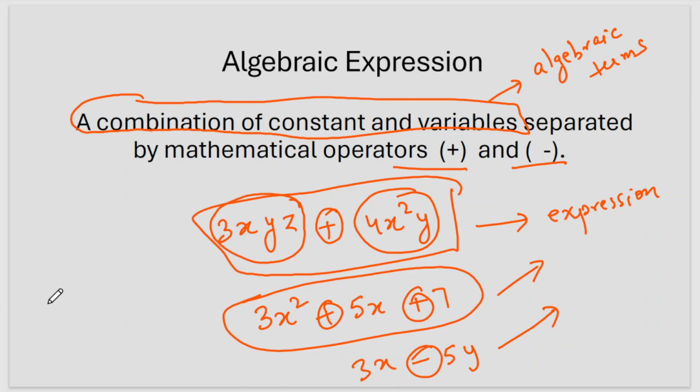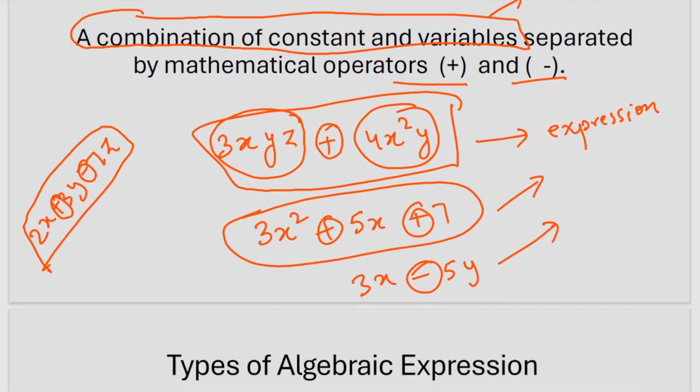It can be a combination also. 2x plus 3y minus 7z is also an algebraic expression. So algebraic terms are separated by plus and minus in case of an algebraic expression.